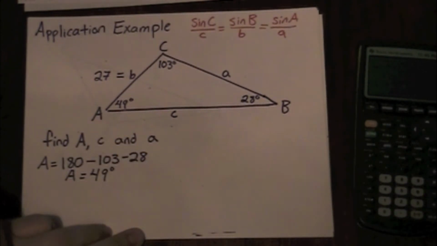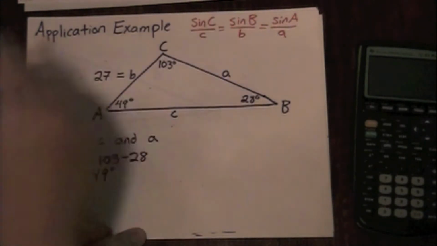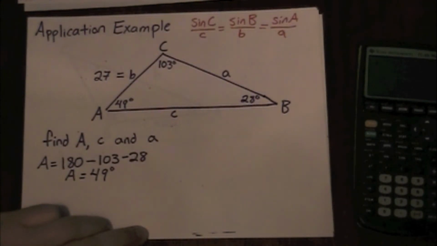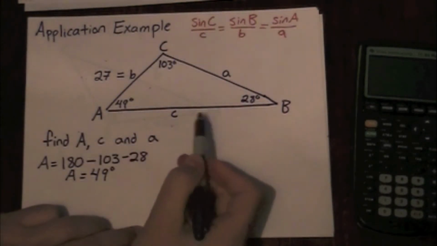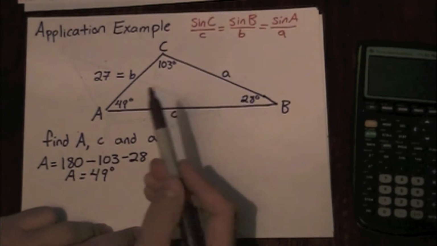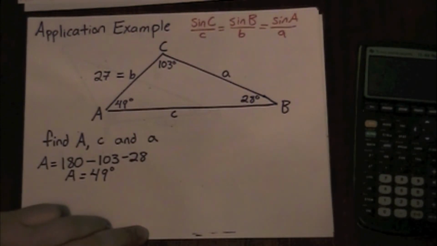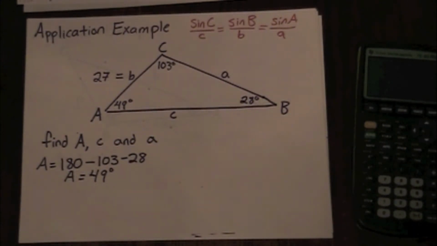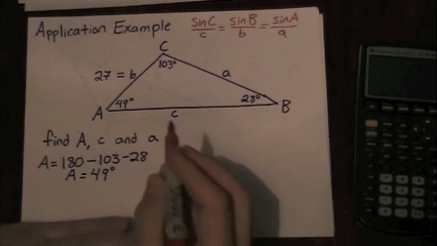Alright. For the other ones, I'm going to have to use the law of sines, because I don't have a good way to figure out side c or side a without doing some trig manipulation unless I use this. So let's take a look. Let's start by maybe finding side c.